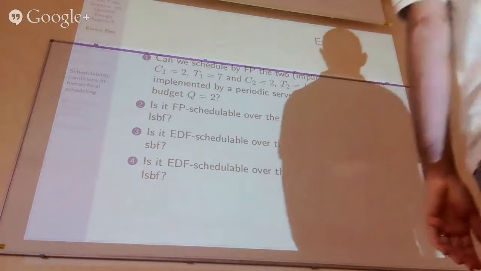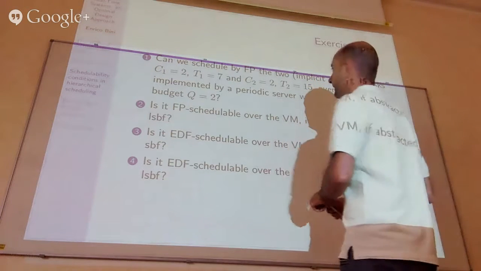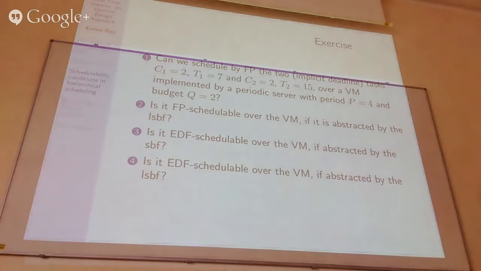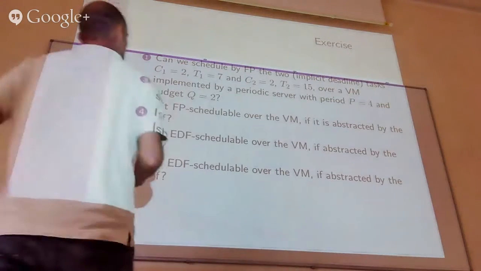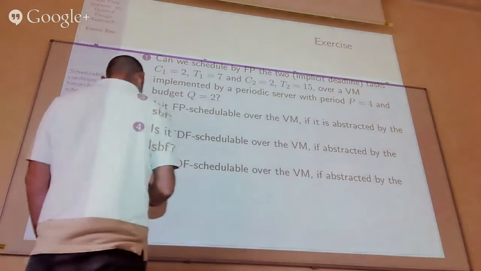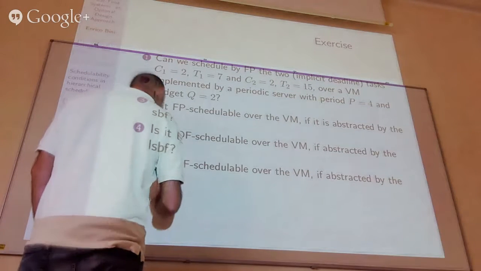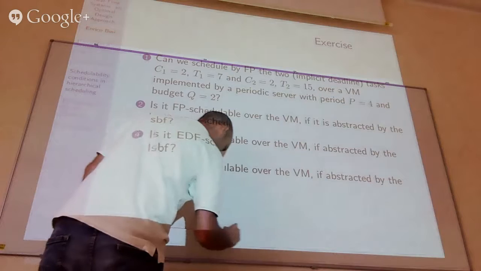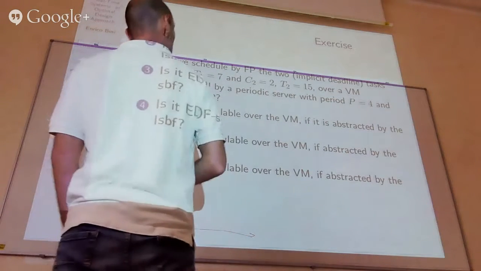Okay, now let's make an example. I will do this together with you: can we schedule 2 tasks over a periodic server? We will see. Well, let me draw the supply bound function.